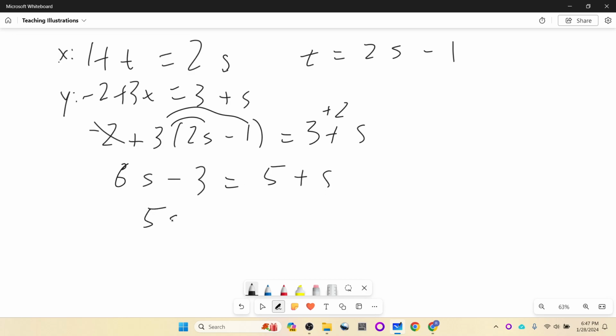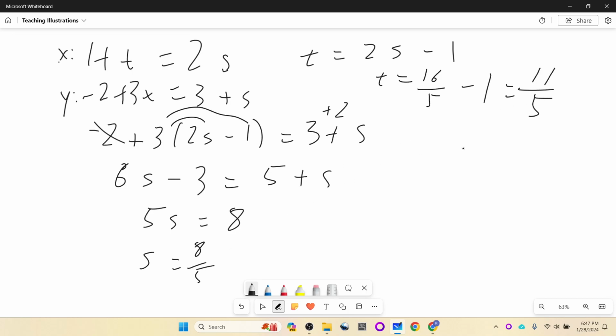So 5s equals 8, and then s equals 8 over 5. And t equals 2s minus 1, so t equals 16 over 5 minus 1, which is 11 over 5.